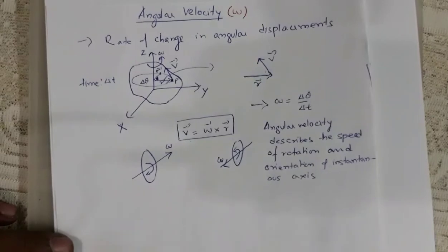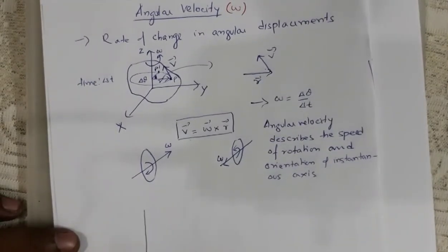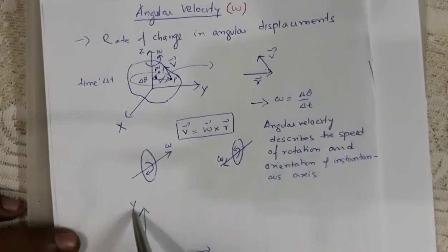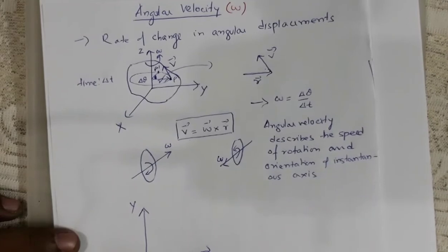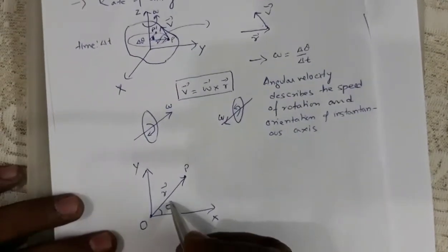Now there is another important observation. Suppose this is the x-axis, this is the y-axis, this is the origin O, and this is some point P which is defined by position vector r. Let's say this angle is phi.